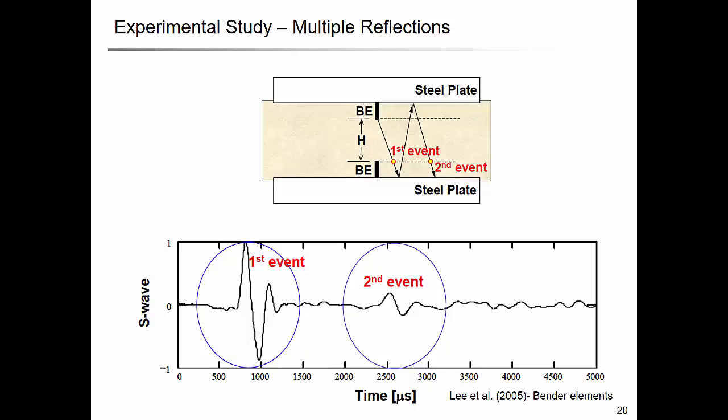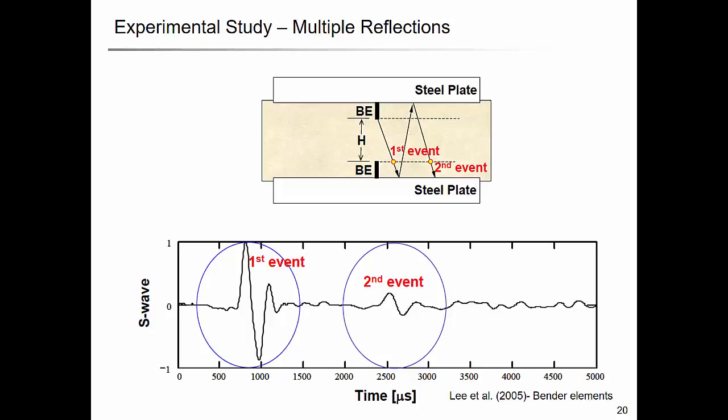So in this case, they generate excitation from here, and the first event will be captured at the receiver bender element here, and there could be a reflected wave, right, from steel plate to steel plate, and then it's captured at the receiver bender element again. So here, this is the first event. So it propagated from the tip of the bender element to the other tip of the receiver bender element.